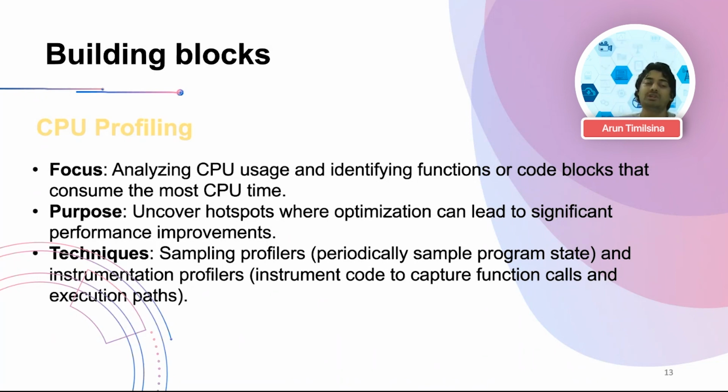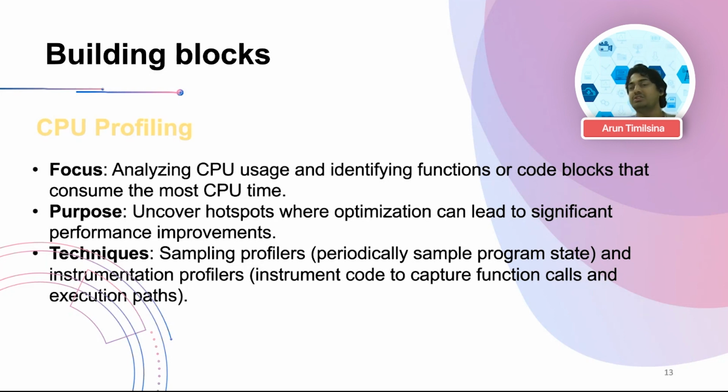The main focus of CPU profiling is to analyze CPU usage, which helps identify the functions or code blocks that consume the most CPU time. So what are the functions or methods consuming the most CPU time within our code? That's the purpose of CPU profiling, and it uncovers the hotspots, where optimization can lead to significant performance improvement.